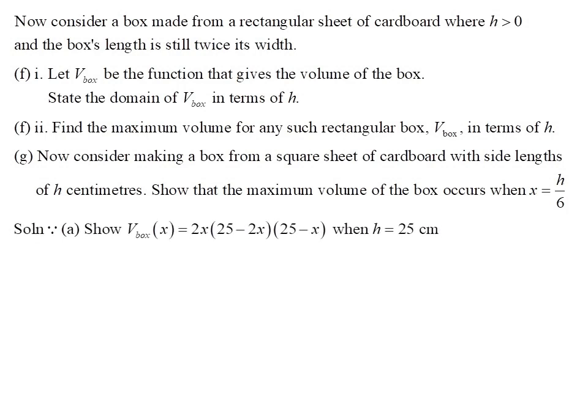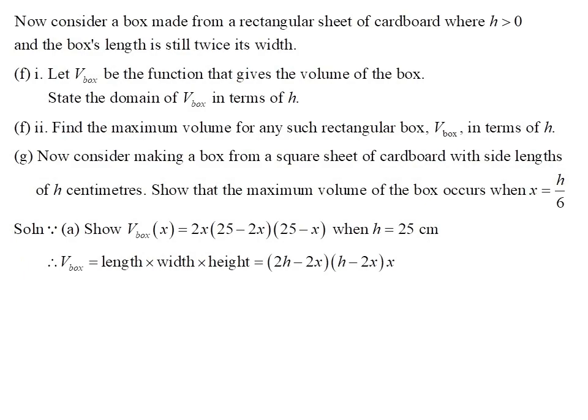Since this is a long question, we need to look back at what part A is asking for. It is asking to show VBox equals 2x times (25 minus 2x) times (25 minus x) when h equals 25 centimeters.